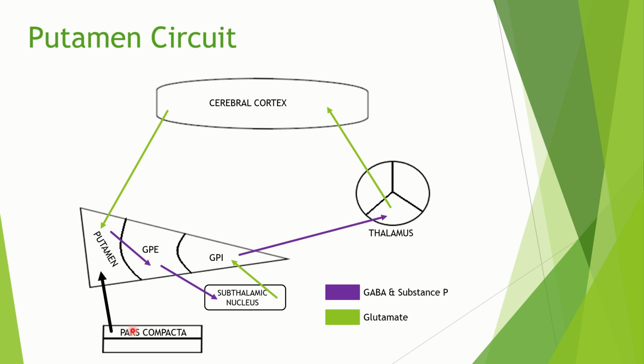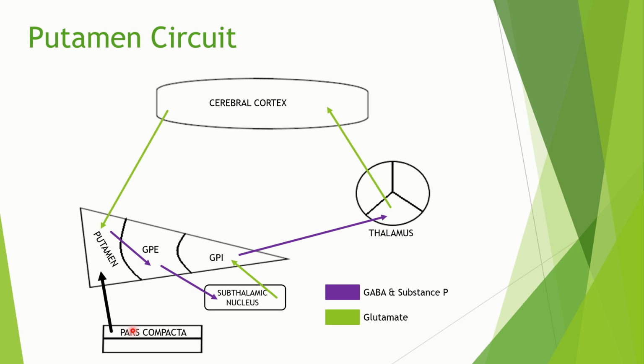Now, there are two dopamine receptors, one known as D1 receptors and the second one known as D2 receptors. Dopamine is going to have a different action based on which of these receptors it binds to.